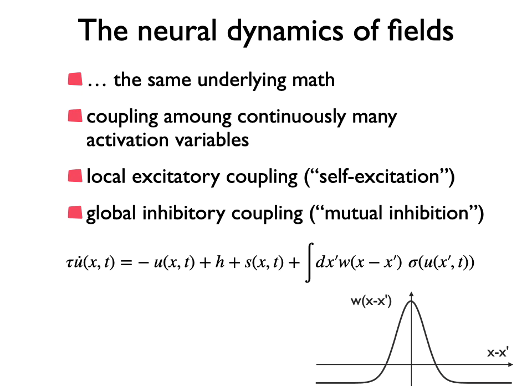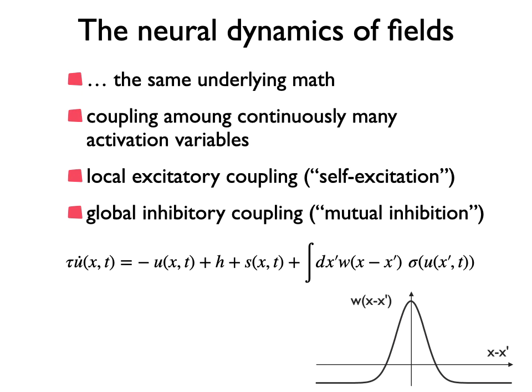And I have replaced the self-excitation and inhibition by an integral, which is just a glorified sum, a continuous sum, over all other field locations x prime. Always the sigmoided activation, passing through the threshold, and the coupling strength, the synaptic strength, how strong this input acts, is a function of the distance between these field sites.